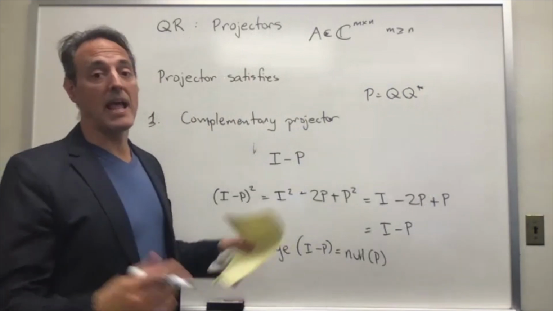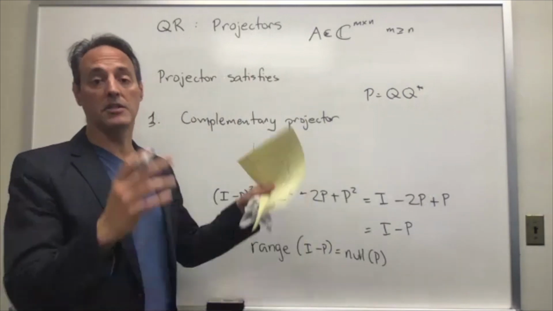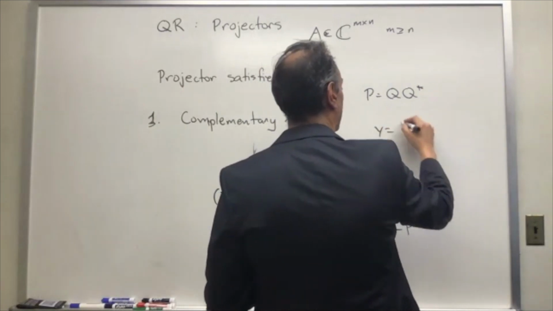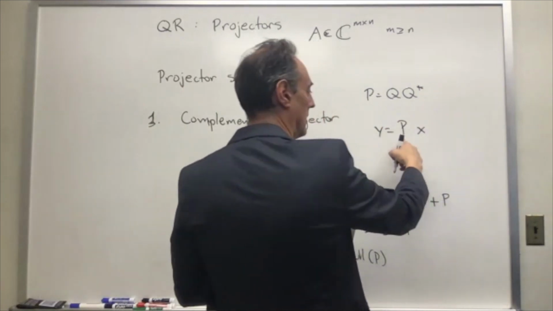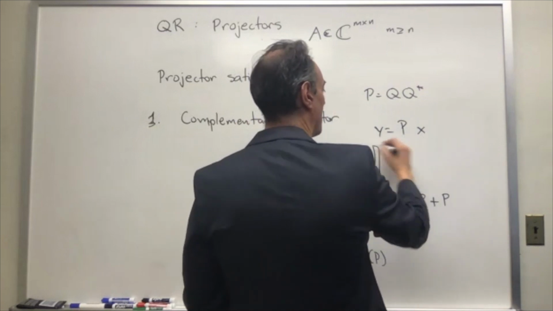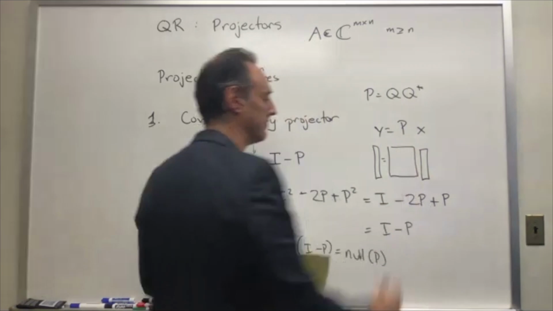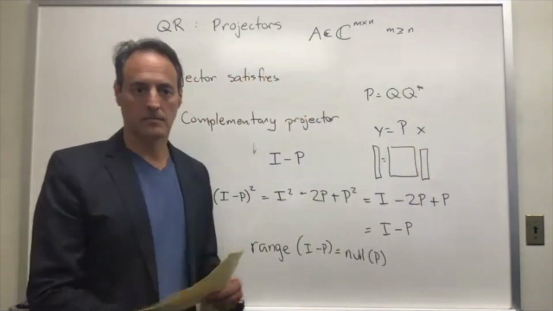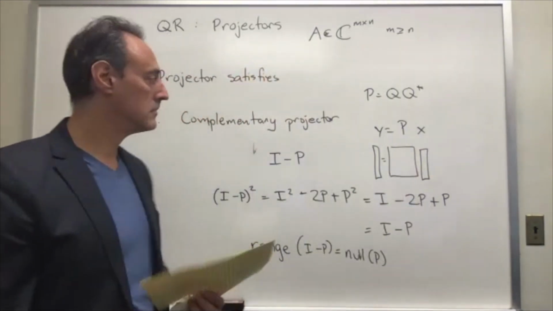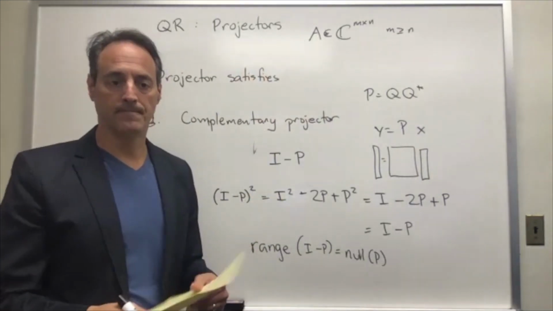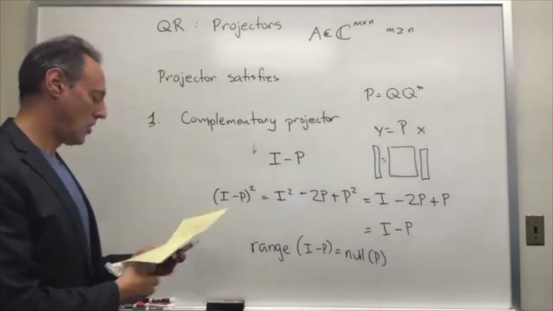So this is going to be an m by m, if we're working in this space, because this is going to be a projector taking us from Y to X. Okay, so Y is m-dimensional, X is m-dimensional, this is m by m. Okay. And I assume I is n by m as well? Yes. Okay.